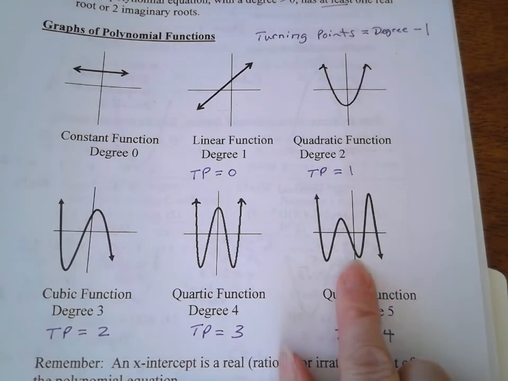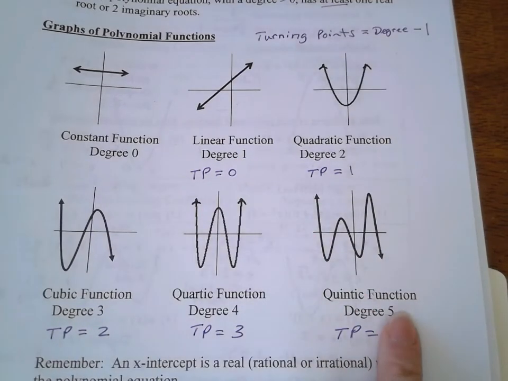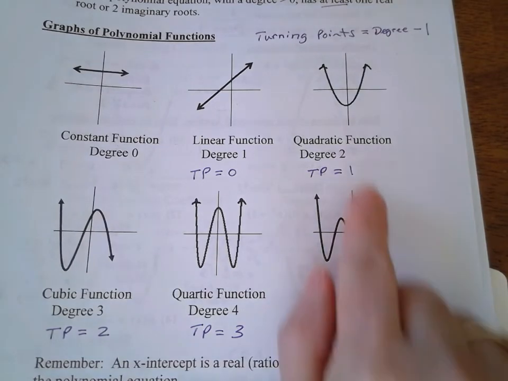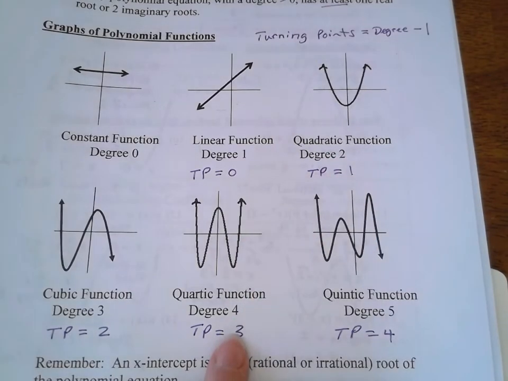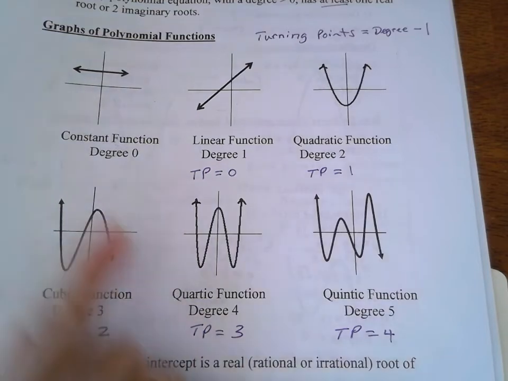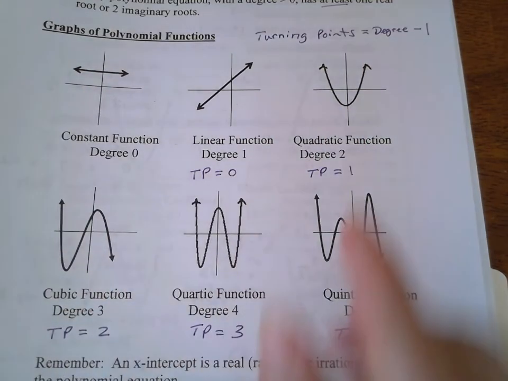So degree 1, 3, 5, odd degrees, the domain and the range will always be all reals. Even, which is 0 to 4, only the domain will be all reals. The range, well, it'll depend. So that's just a little something to remember.